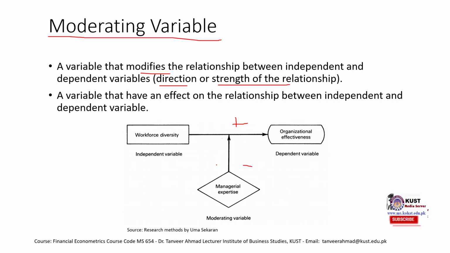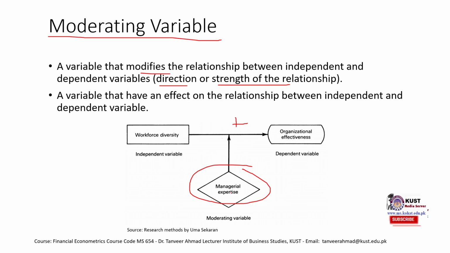But there is another variable, which is managerial expertise, whether the manager has the expertise to exploit or utilize that workforce diversity. If the manager doesn't have the expertise, then that workforce diversity would have a negative impact on organizational effectiveness. And if the manager has the expertise, then that workforce diversity would have a positive impact.